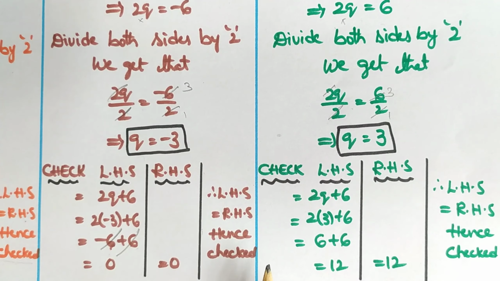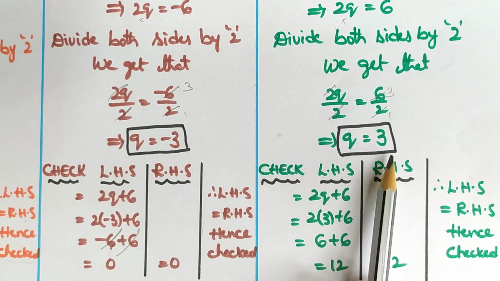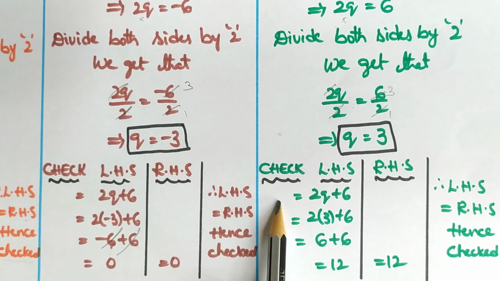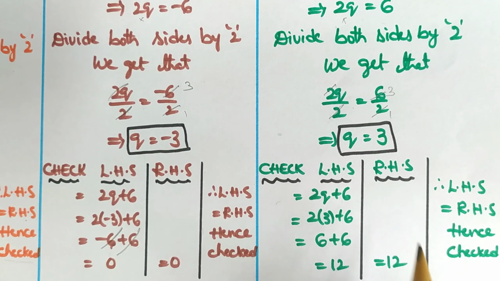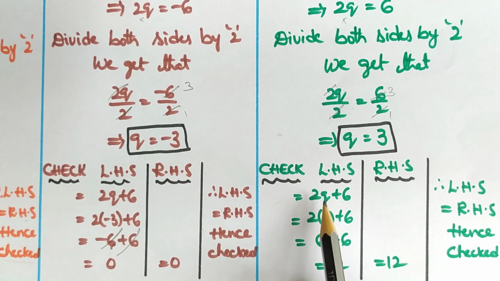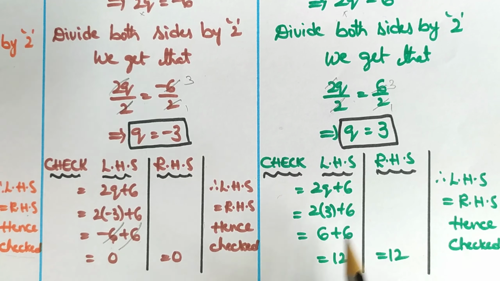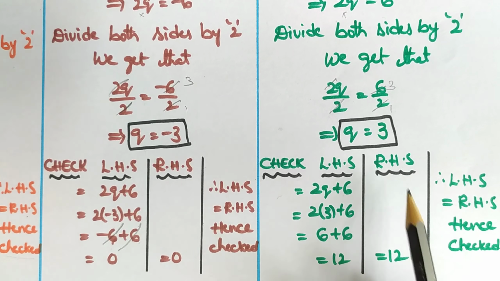Now let us check whether q equal to 3 is a solution for this equation or not. Now check. LHS is 2q plus 6, RHS is 12. LHS is 2q plus 6, where q is equal to 3. So 2 into q plus 6 is 2 into 3 plus 6. 2 into 3 is 6, plus 6, 6 plus 6 is 12. LHS is 12. RHS is also 12.